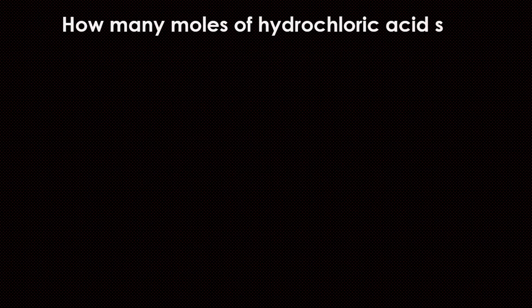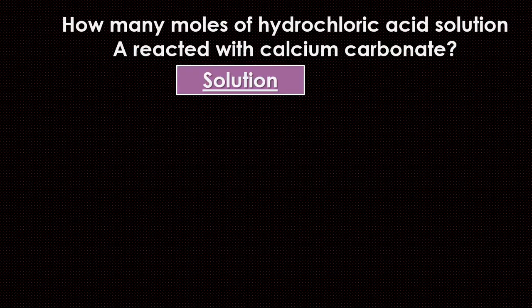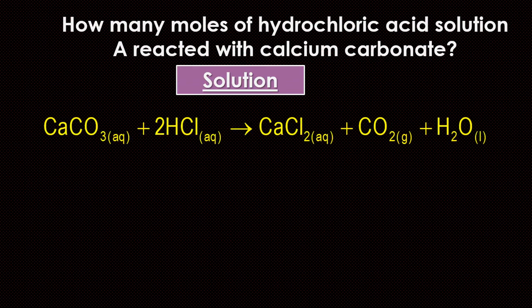Over to another question. How many moles of hydrochloric acid solution A reacted with calcium carbonate? This can also be found by first writing the equation for the reaction between calcium carbonate and hydrochloric acid. You can see calcium carbonate reacts with hydrochloric acid to form calcium chloride, carbon (IV) oxide, and water.